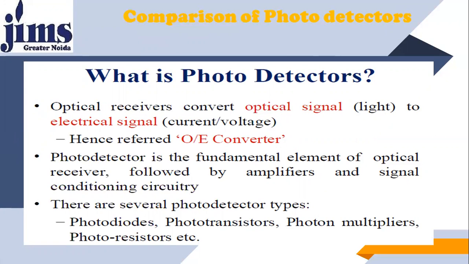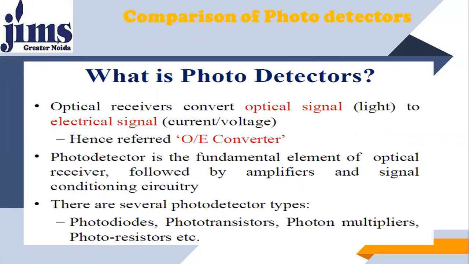But the main converter of optical to electrical signal is a photodetector, right? So we also say that it is an optical to electrical converter. So photodetector is the fundamental element of optical receiver, which is followed by amplifiers and signal conditioning circuitry.